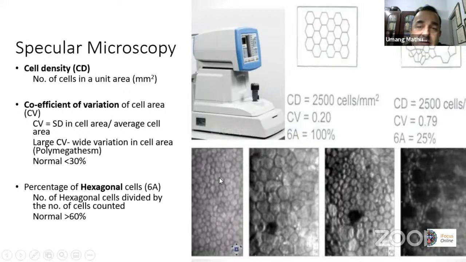Once there is a problem with the endothelium, they start enlarging and changing their shape. If there are more cells which are large, it's called polymegathism. CV is the standard deviation in cell area by average cell area, and it should normally be less than 30%. The number of cells that are hexagonal is also measured, and more than 60% of the cells should be hexagonal.